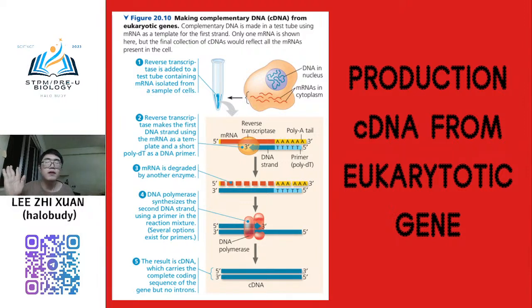When we undergo transcription and the splicing process, we need this mRNA, because this mRNA is the strand that only contains the exon region. All of the intron regions are already spliced out.